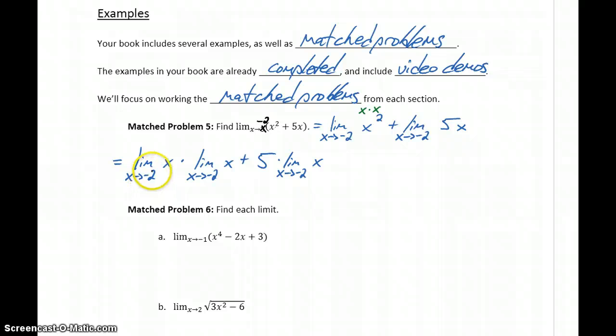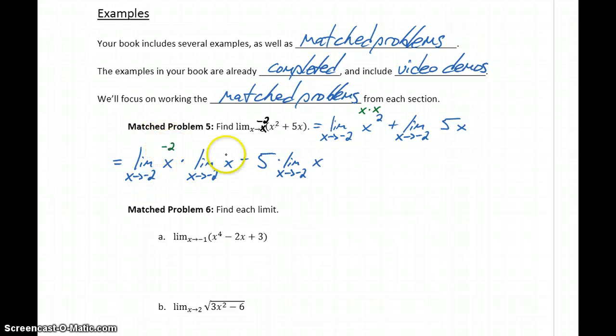So now the only limit problems we have to worry about are the limit as x approaches -2 of x, the limit as x approaches -2 of x, and again, that same limit. So by our properties of limits, if we're taking the limit of a function x by itself, that limit is just -2, whatever value x is approaching.